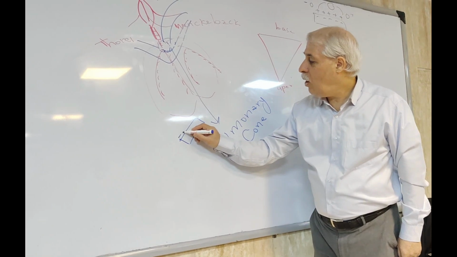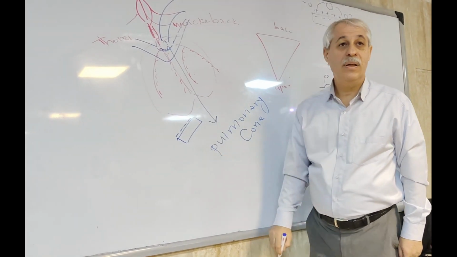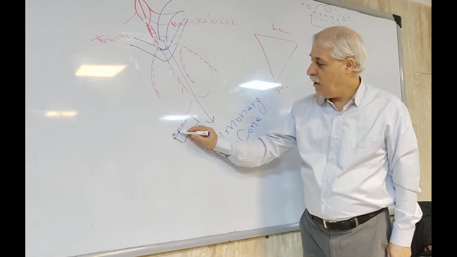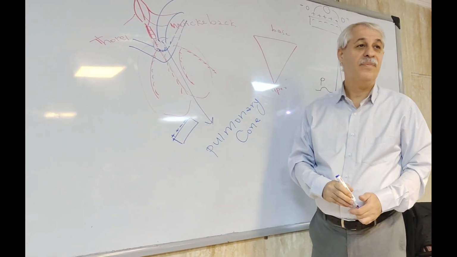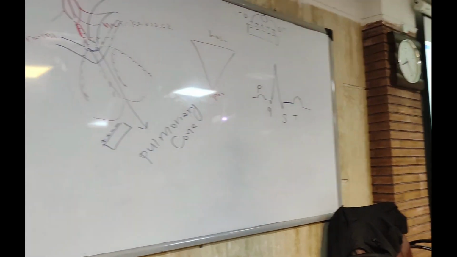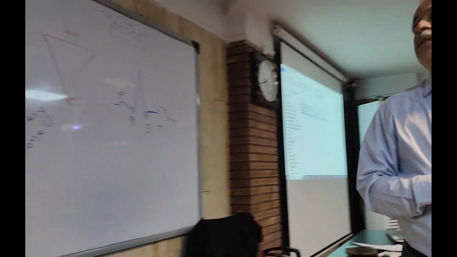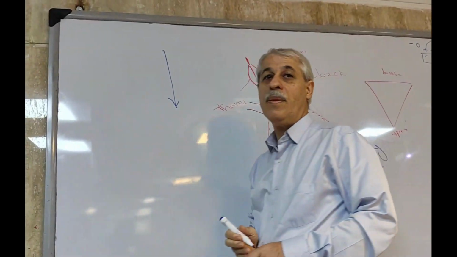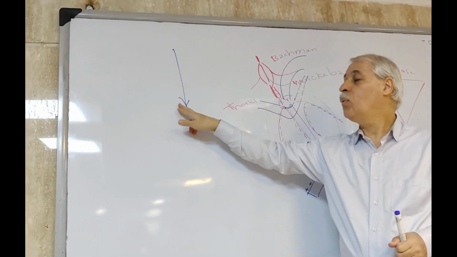Now they are all depolarized. When repolarization starts, see, we will have this situation. The vector, see, this is a vector, a straight line with direction.